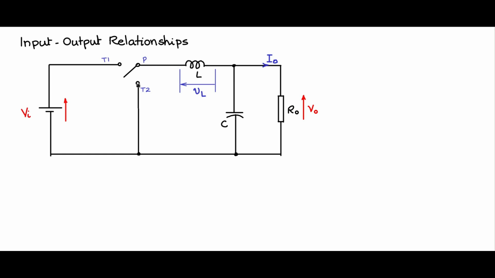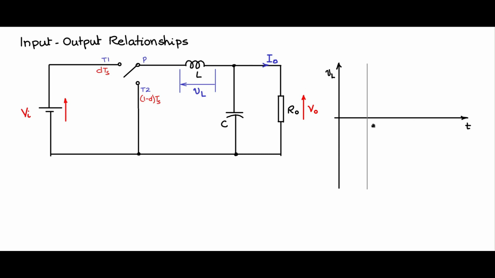So let us also mark the time period for which PT1 is on and the time period for which PT2 is on, or PT1 is off, which is (1 minus d)Ts. Let us also put a graph here that will indicate the wave shape of the voltage waveform across the inductance, and let us divide the time scale in this fashion.